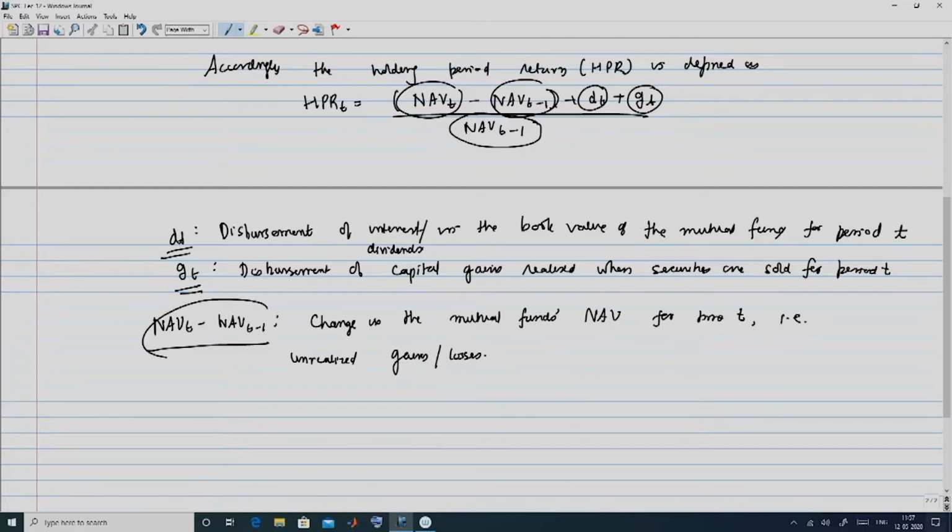And these three income streams, namely NAV t minus NAV t minus 1, D t and G t, the sum total of this as a proportion of the NAV at the beginning of the period can be reconciled to get the definition of the holding period or single period return on the mutual fund.